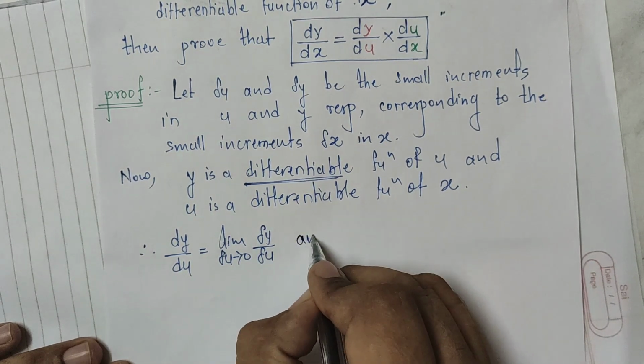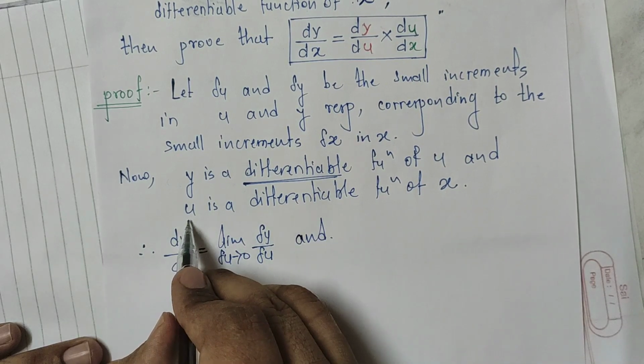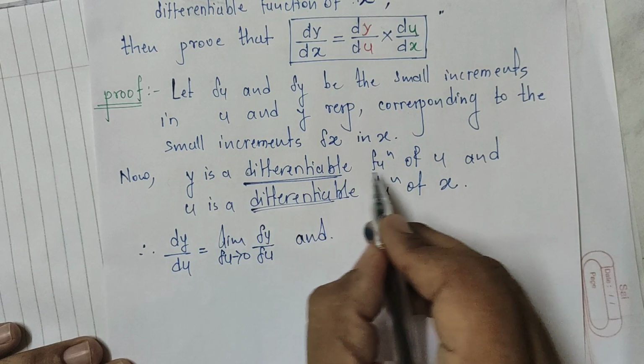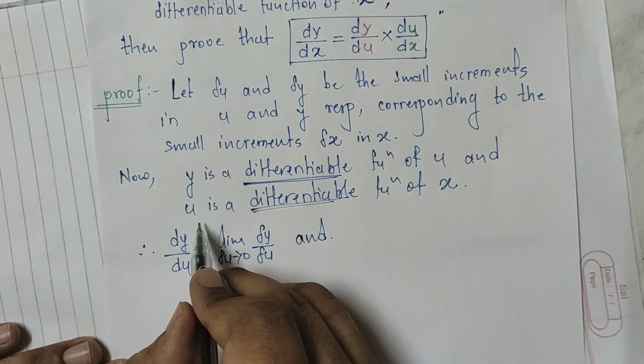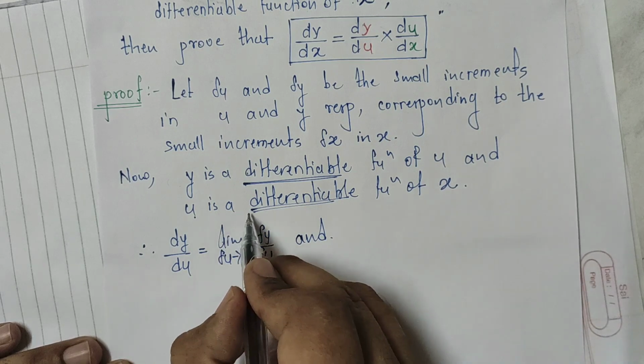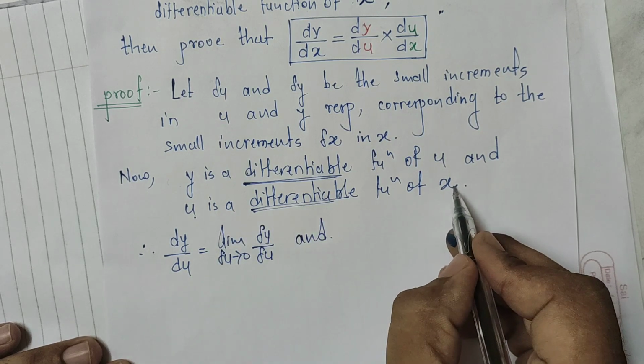Also here u is a differentiable function of x. Similarly, we can also find the derivative of u with respect to x. Why? Because u is a differentiable function of x.